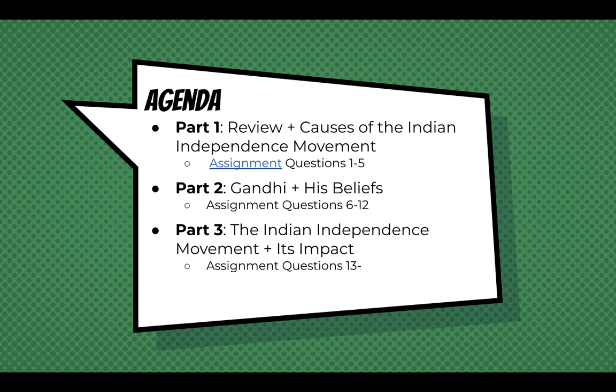And we're going to be basically this whole day looking at how India went from a place that was colonized to being a place that was totally independent. So the first part of the lesson is going to be reviewing what we already know and thinking about how these really bad circumstances, situations, events cause people to want to fight for their freedom.